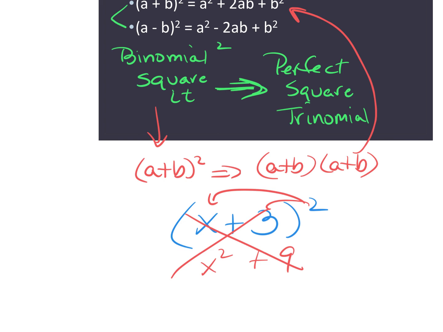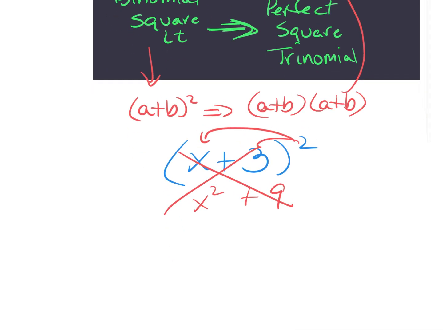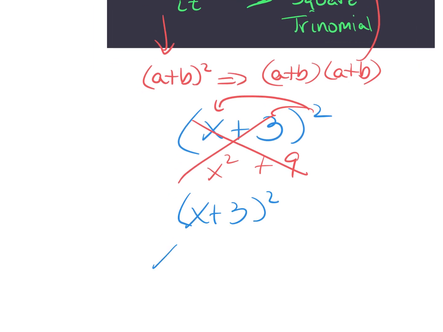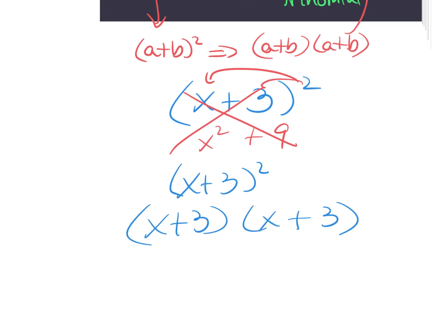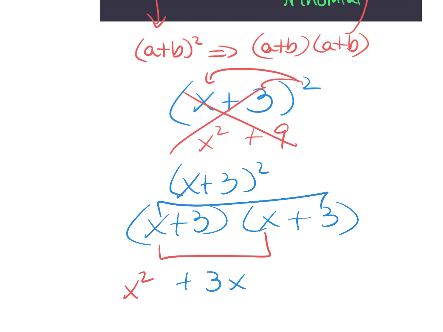So what you need to do is take this x plus 3 squared. You're going to square it, which means write down x plus 3 two times. And now we distribute or FOIL. And then we would get x times x is x squared. X times 3, 3x.